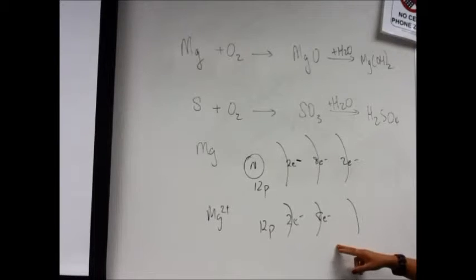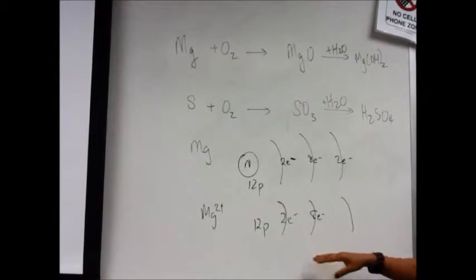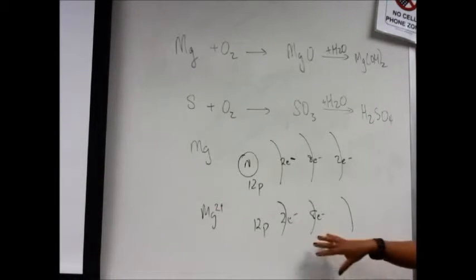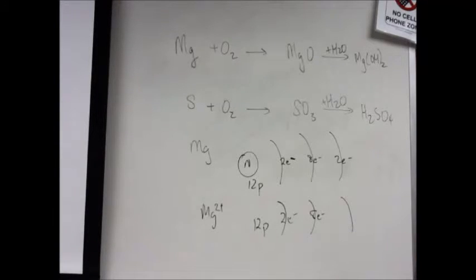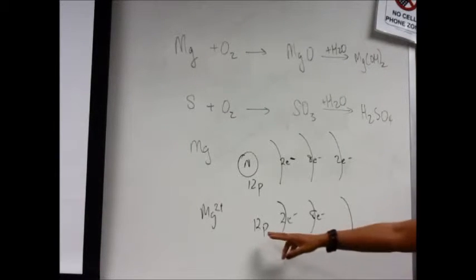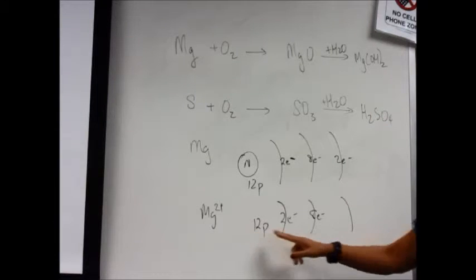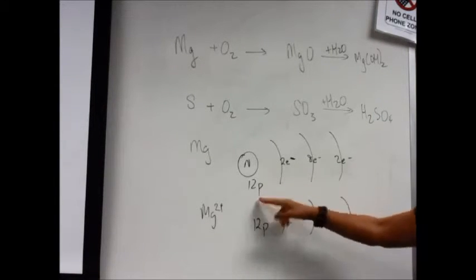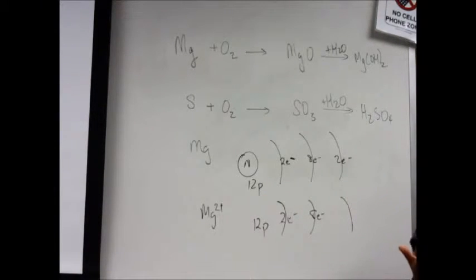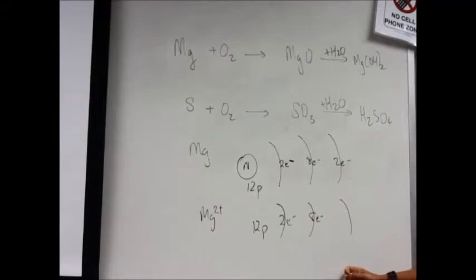Did it increase or decrease for the ion? Increase. It increased over here because you have 12 protons pulling only on 10 electrons, where it was 12 protons pulling on 12 electrons. So here the effective nuclear charge has increased.